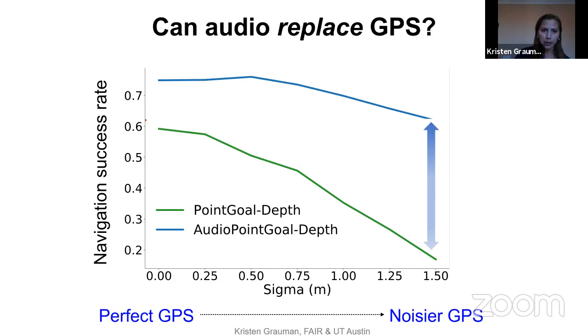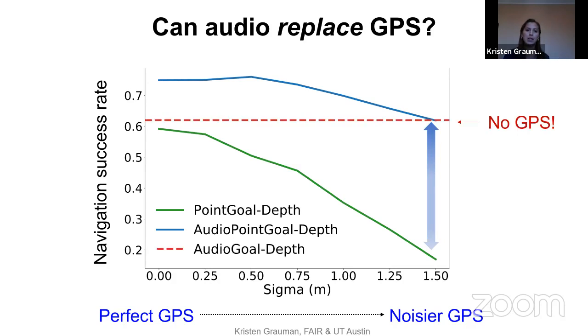Now take it one step further and think about that audio goal agent who does not have any point goal information at all. It's just relying on eyes and ears. So without GPS, certainly this agent is completely immune to any noise coming from the GPS. And this is exciting because this is a very realistic scenario to expect that in these indoor environments, the GPS will be noisy if not dropped.